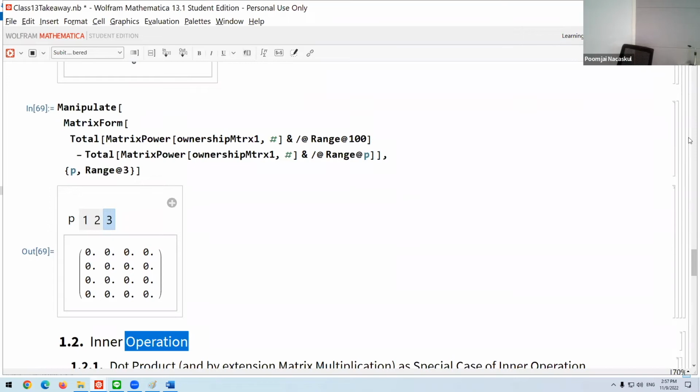Do you guys remember dot product? You have two things that have the same dimension or same length, basically.